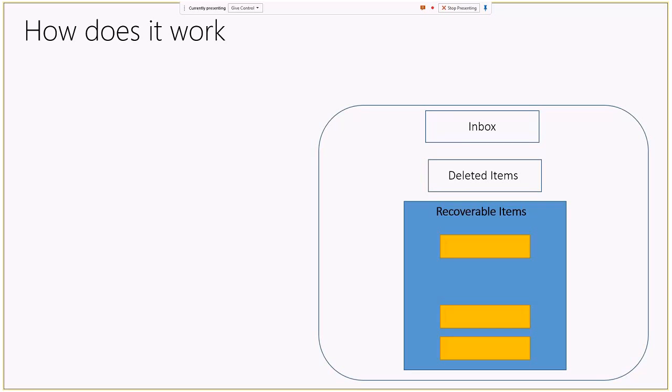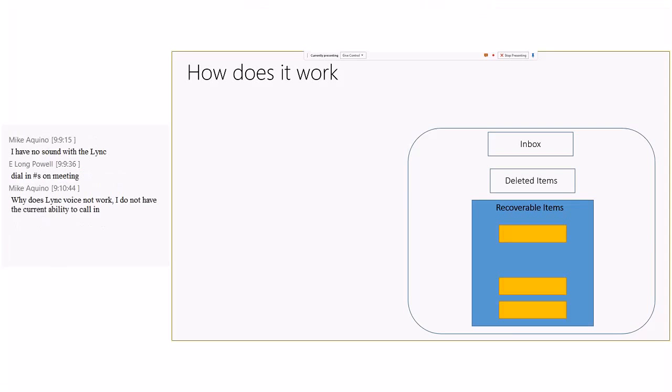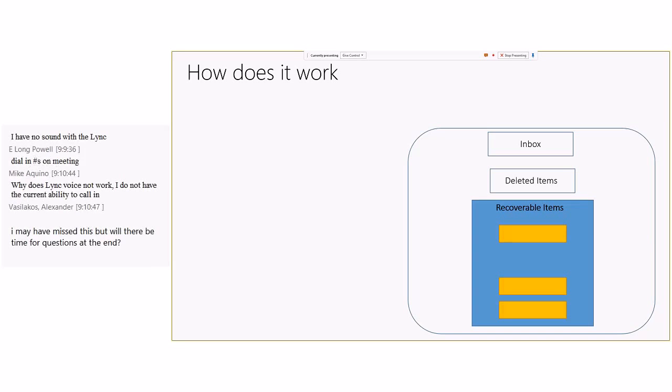And the one shown in blue, the recoverable items, usually this part is not visible in Outlook. When a user opens Outlook, they usually don't see the recoverable items folder, right? But the key to litigation hold and in-place hold are the items that get processed in the recoverable items folder.